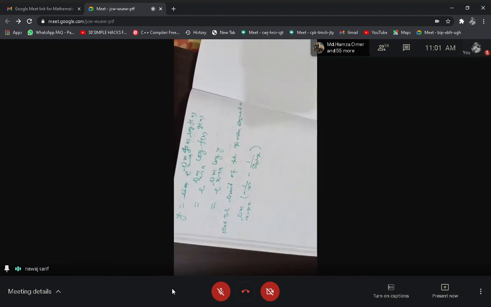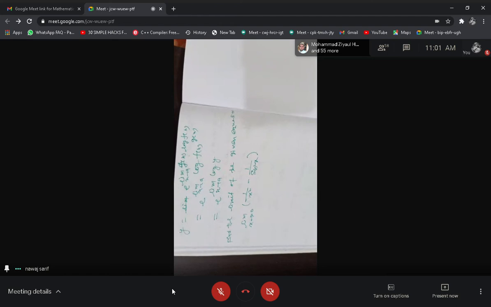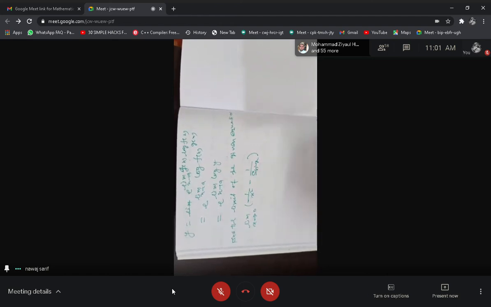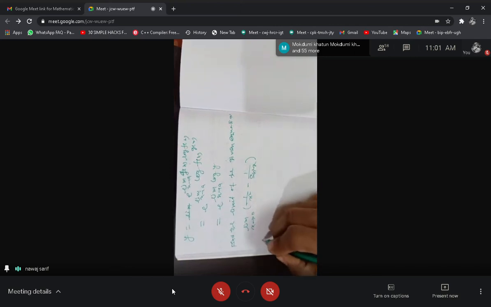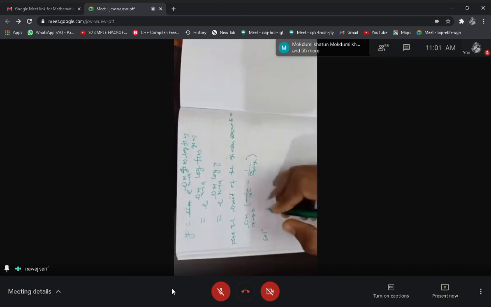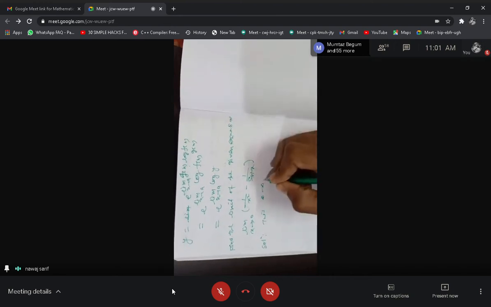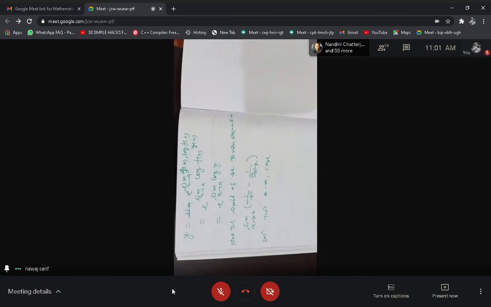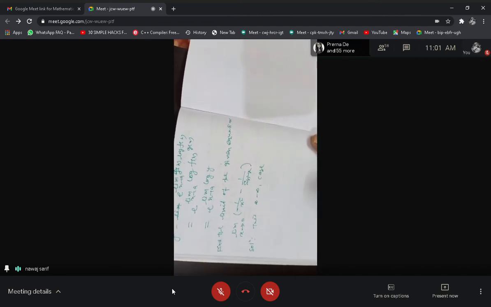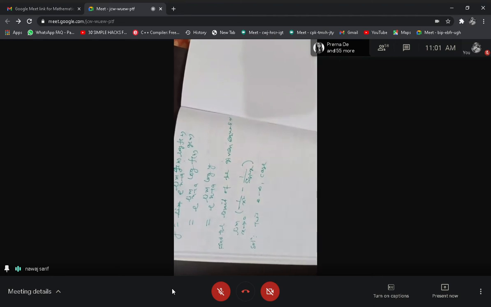First of all, what is the case in this equation? Infinity minus infinity. So for the infinity minus infinity case, what will be the method? You just convert this to a 0 by 0 or infinity by infinity case.